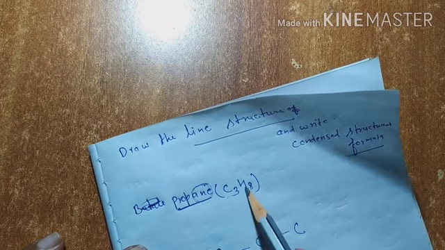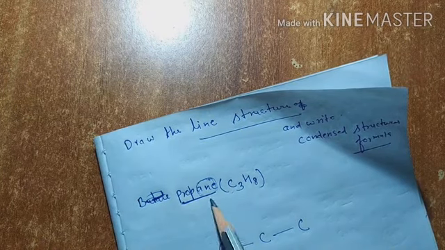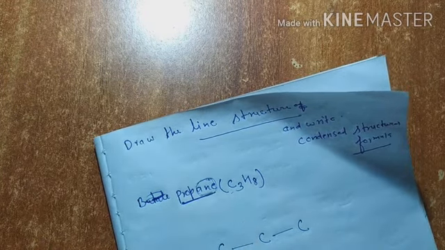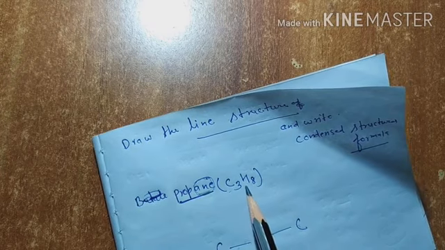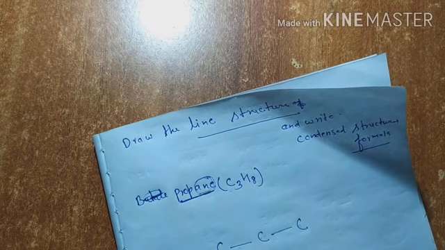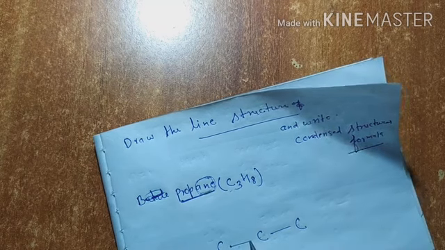See, H8, so right, suffix is ane, so it is confirmed that between carbon atoms there is single bond. So now you have to put 8 hydrogen atoms here. We know that carbon completes octet. If there will be 8 electrons, then that will be stable. In single bond, we know that there are 2 electrons, so 1 electron is here, 1 electron is here.